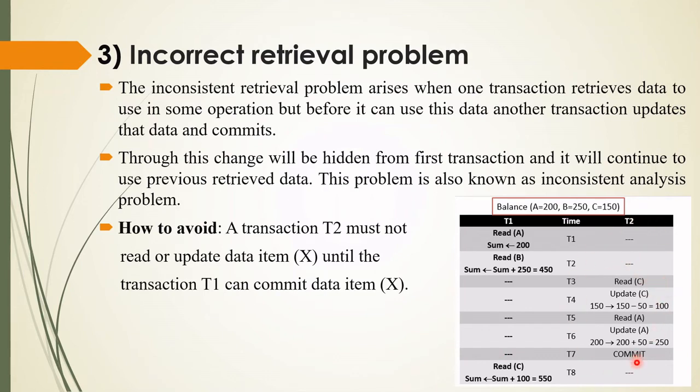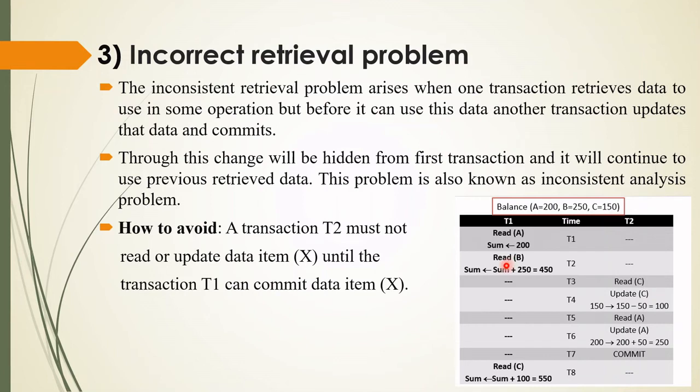So now when transaction T1 reads the record, the new value will be inconsistent with the previous value. I will explain that with an example. Suppose we have three accounts, A, B and C. The value of A is 200, the value of B is 250 and the value of C is 150.